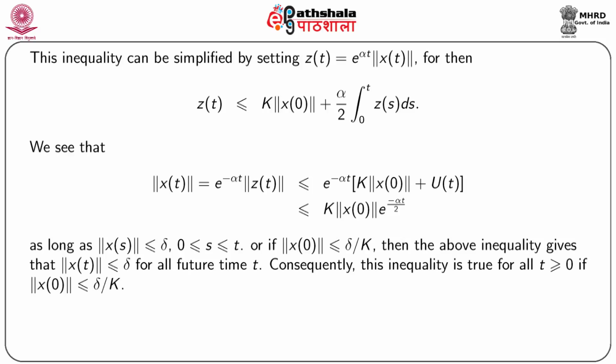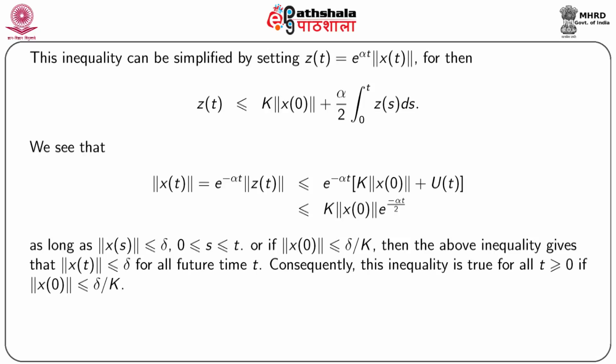Or if norm of x(0) is less or equal to sigma by k, then the above inequality gives norm of x(t) is less or equal to sigma for all future time t.